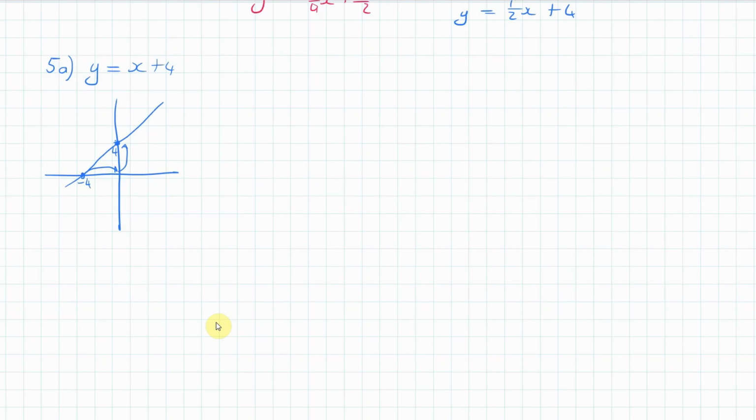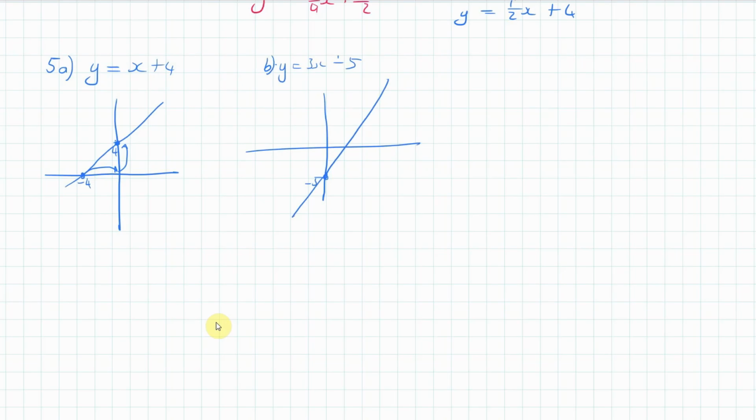The next one that I'll do is y equals 3x minus 5. So for this one, we know that we're crossing here at -5, and we know that every time we go across 1, we go up 3. So it's a steeper graph.